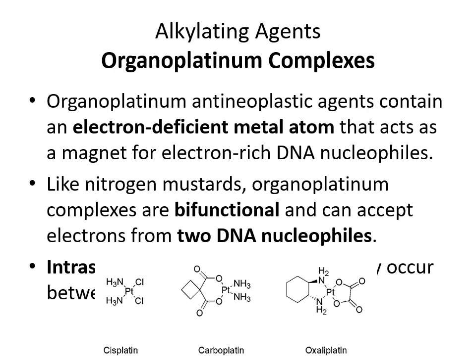This electron deficient metal atom acts as an electrophile moiety, and that electrophile moiety will be attacked by the electron-rich DNA nucleophiles. Similar to nitrogen mustard, as we have seen earlier, the aziridinium ring is a highly electrophilic ring that will be attacked by the nucleophilic bases of the DNA, specifically from the nitrogen.